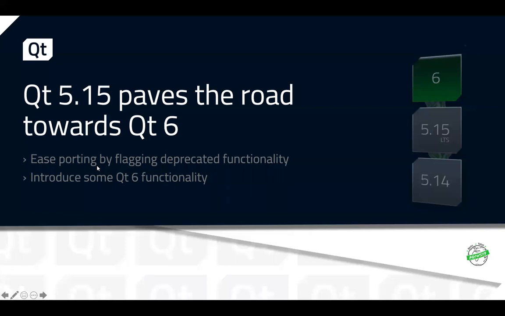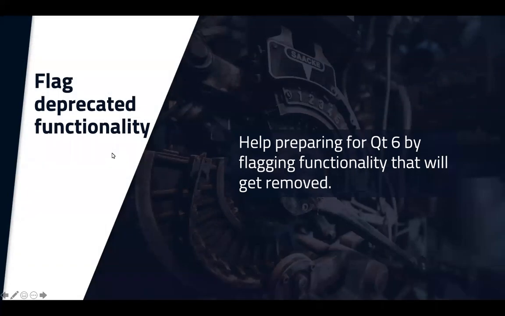We're doing that basically by helping you flag certain things and introducing some functionality of Qt 6 already early. As the first thing, we are flagging deprecated functionality. This is really important so that it helps you prepare for Qt 6 in your code base.